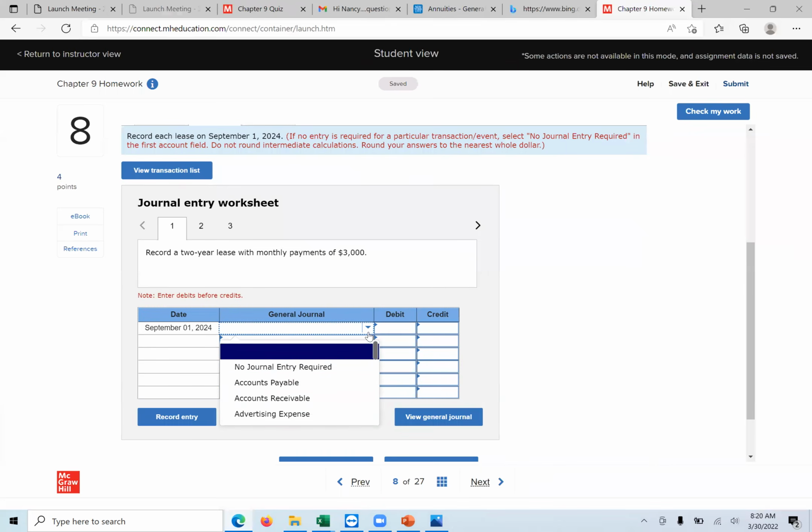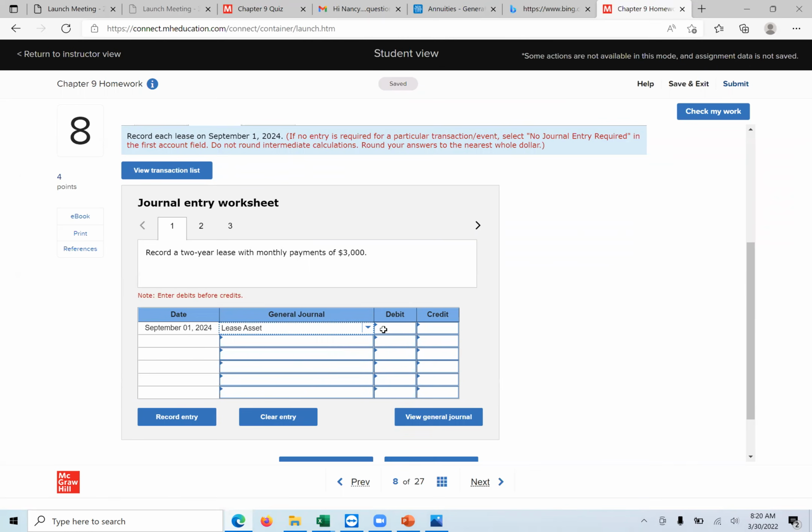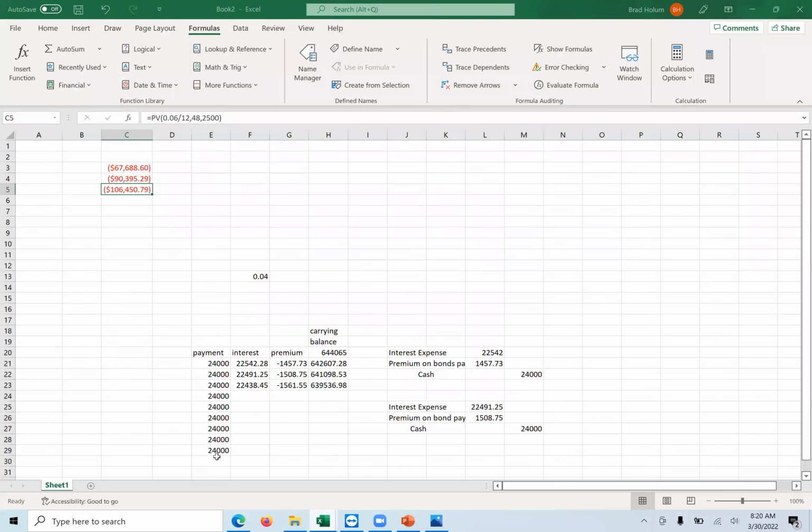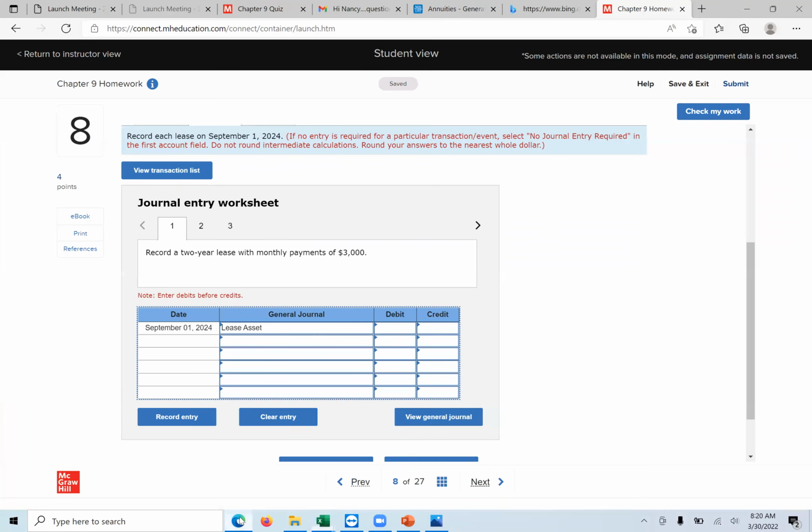We would show a lease asset of the 67,000, let me just, 67,688.60, and the lease payable would also be 67,689. You're going to do that for each one of those various payments. Okay.